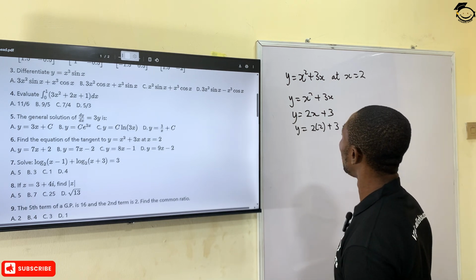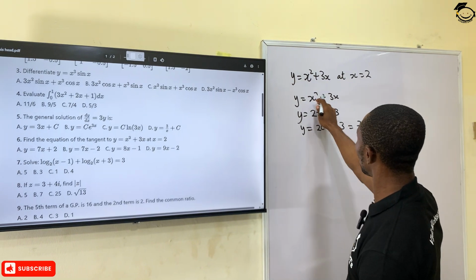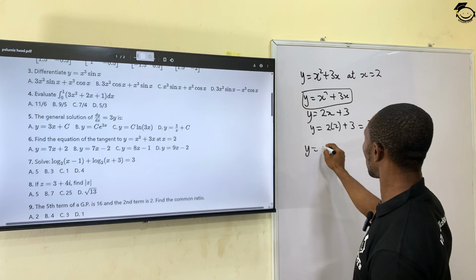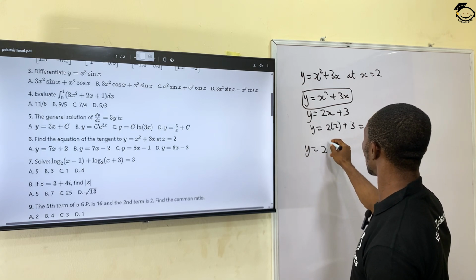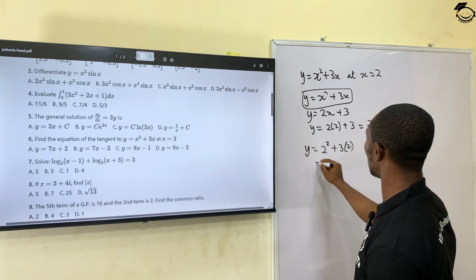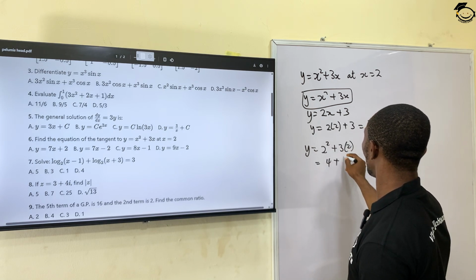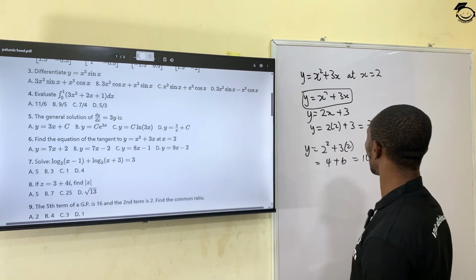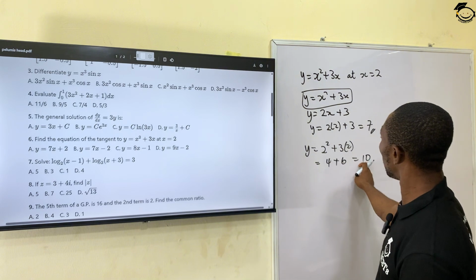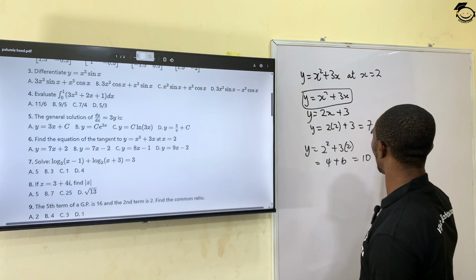Now the next one, we are going to substitute for x in this equation. So y equals 2 squared plus 3 brackets 2. Now 2 times 2 will give us 4 plus 6, which will give us 10. So our value for y will be 10 and the gradient will be 7.